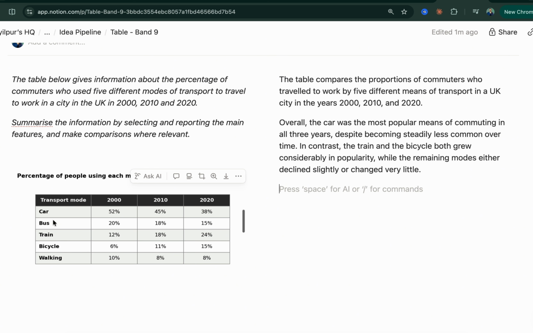So car, bus, and walking will be the central idea for my first body paragraph because they all decreased, they all lost their percentages, while train and bicycle actually increased. The percentage of people using train and bicycle for traveling to work increased. Now, I will mention car, bus, and walking in my first body paragraph, and let's get started.